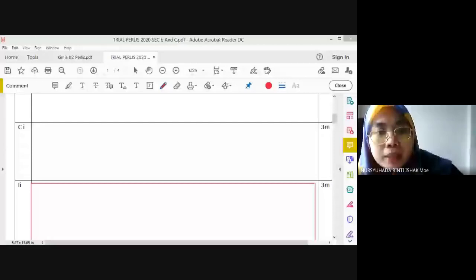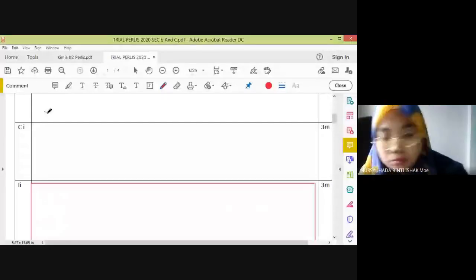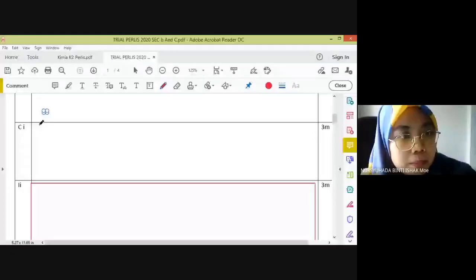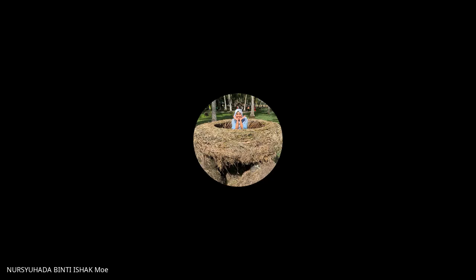So C1 method, dilution method, 1 markah, and then they ask you to find the volume of sodium hydroxide solution yang in beaker A. So formula apa nak guna? What formula we need to use to find the volume of solution.